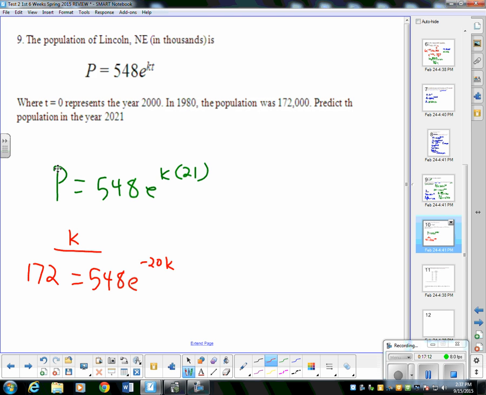We had this talk in class. The reason we're doing that is because the population is already in thousands. So either we have to tack on 3 zeros to both constant numbers, or leave it as 172 is equal to 548e^(-20k). And again, going straight to the math here, the natural log of 172 over 548, that whole thing divided by -20, that's going to give us k.